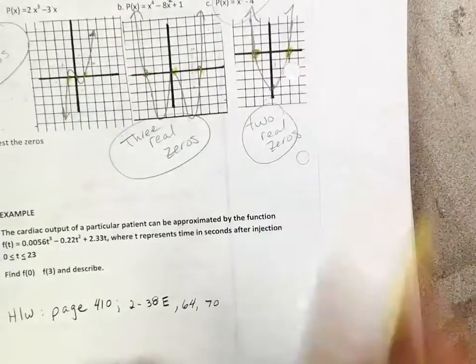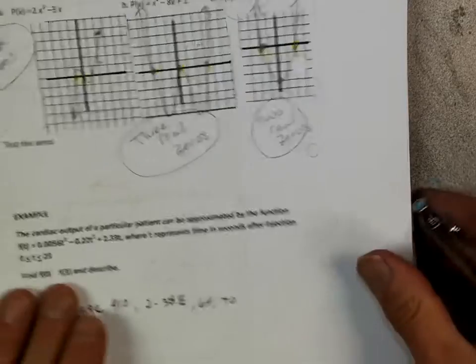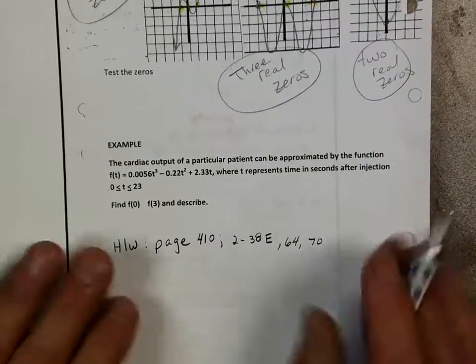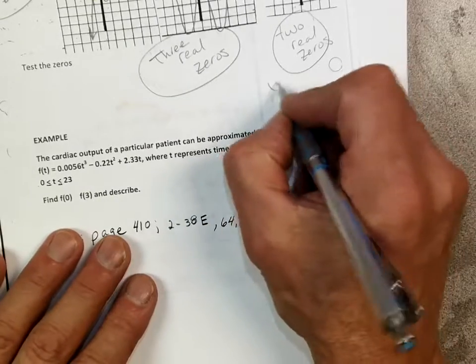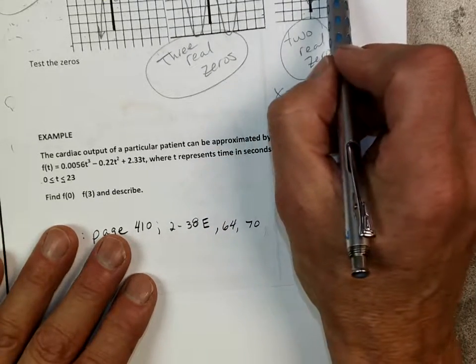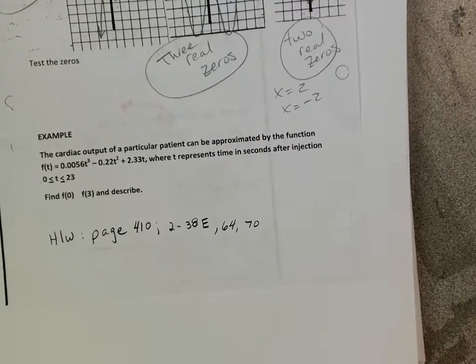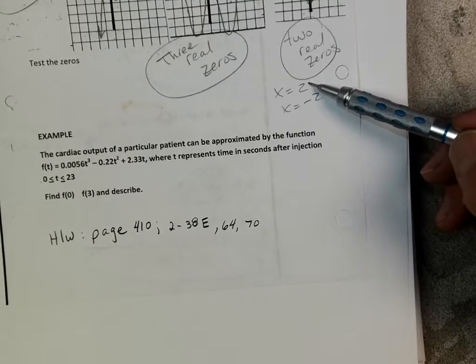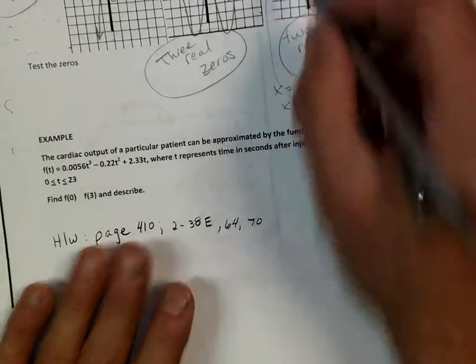Now, how do you test the zeros? This has x equals 2 and x equals negative 2 as the zeros. The way you test them is this. You gotta listen. It's a 0 because when you plug it in, you get an answer of 0. So let me plug 2 into the original equation.